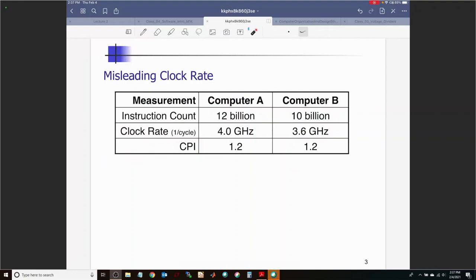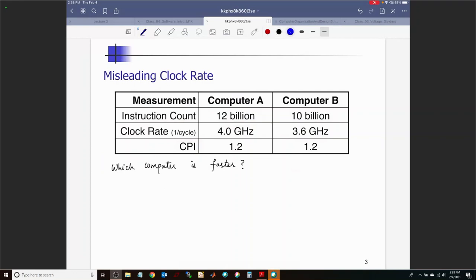CPU execution time is a very good metric to compare how fast a computer is. So here we will try to ask the question, which computer is faster? And of course, the title itself gives it away. The clock rate actually misleads us to believe that computer A might be faster, but the story might change after we calculate the CPU time or CPU execution time.